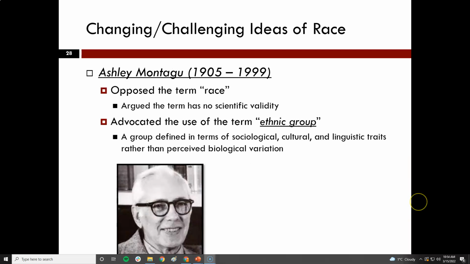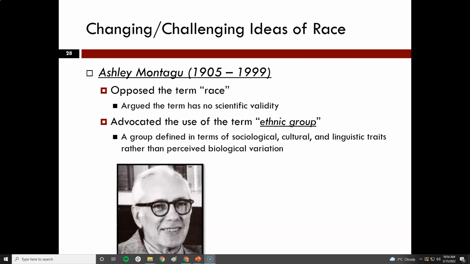So this idea of humans as being classifiable into races persisted well into the turn of the 20th century, into the earliest phase of the 20th century, where we finally start to see anthropologists like Ashley Montagu become very opposed to these race-based classification systems, arguing that these terms don't actually have scientific validity.